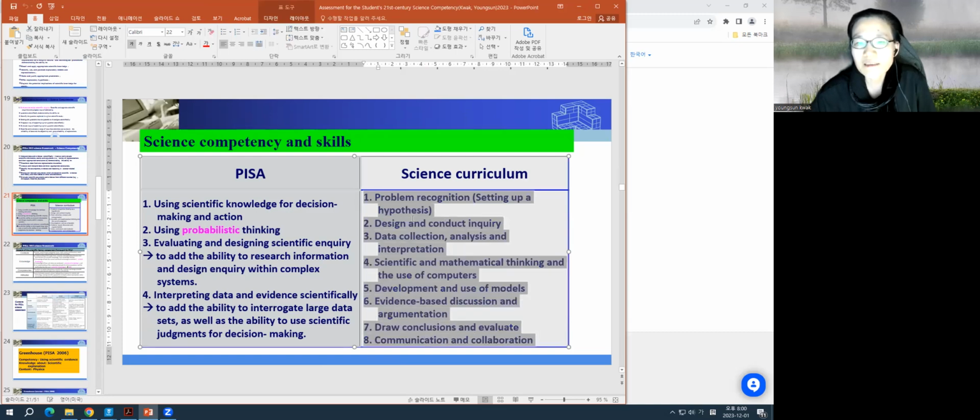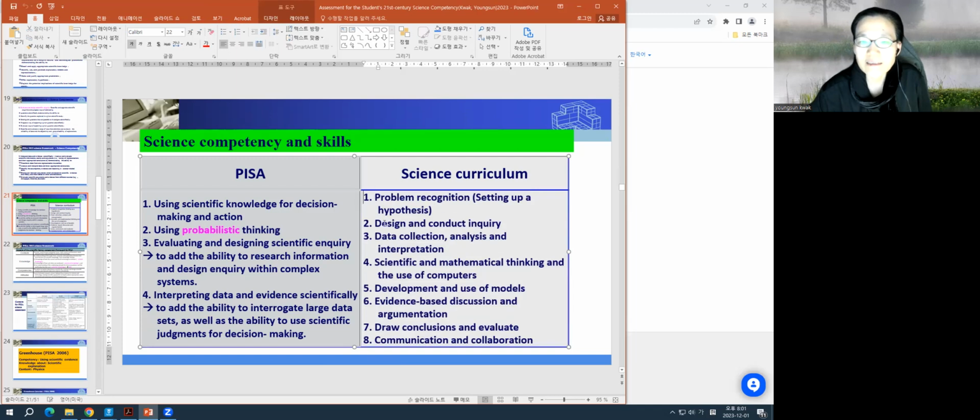The first step of science competency, also known as science inquiry, science investigation, is problem recognition. It's setting up a hypothesis. Hypothesis is about potential explanation.